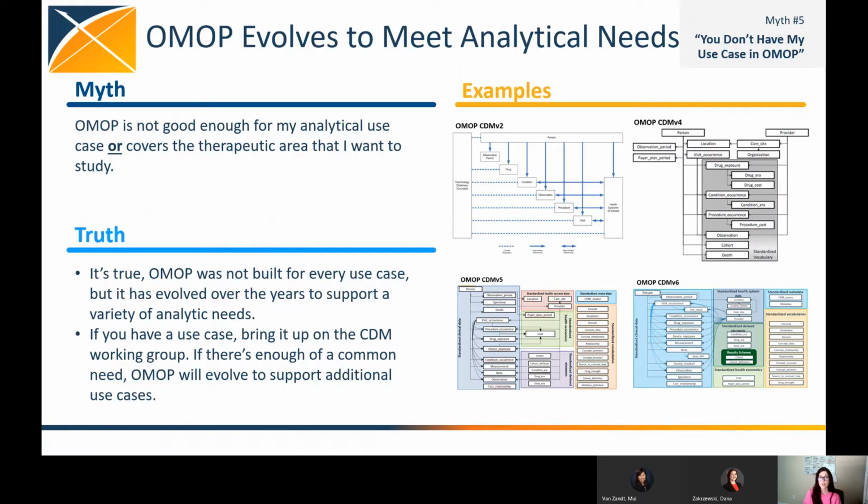They got a work group together, they solved the problem, they created 2 new tables, and now they are being held up as one of the best examples of a working group in OHDSI because they got it done. They came up with a proposal, and we were able to make changes to the CDM to support their needs. So it's really not unheard of, and we really want to hear those use cases so we can continue to evolve and make the CDM better.